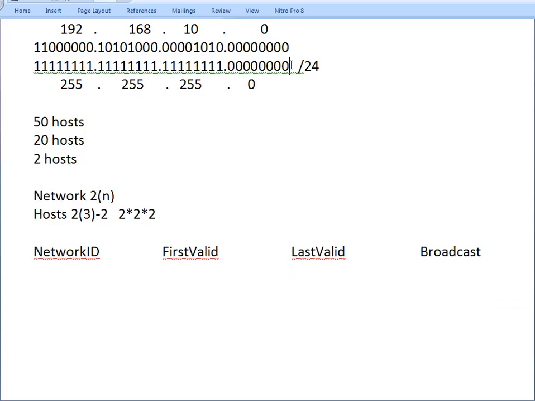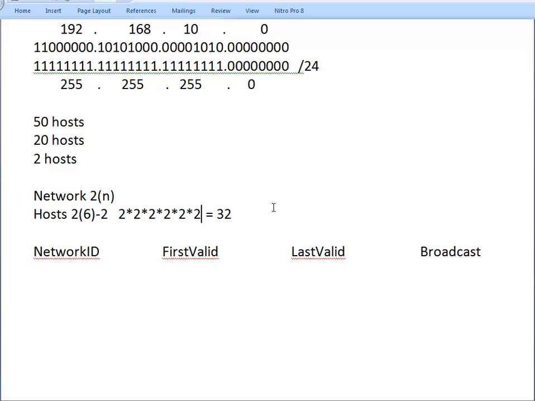Okay, let's try again. So 3 zeros is not enough. Let's give it 5 zeros. So this formula will become 2 times 2 is 4, times 2 is 8, times 2 is 16, times 2 is 32. So this is 32. That's not enough because we need 50 hosts. So we're going to need to reserve 6 zeros. Let's try that.